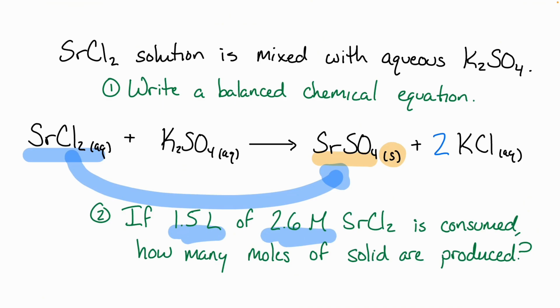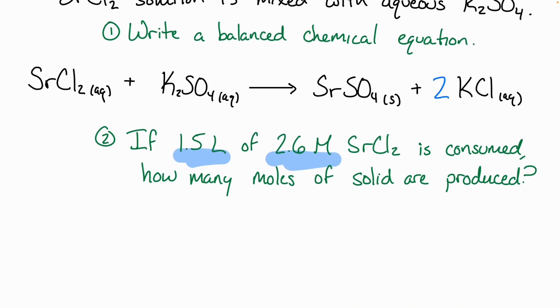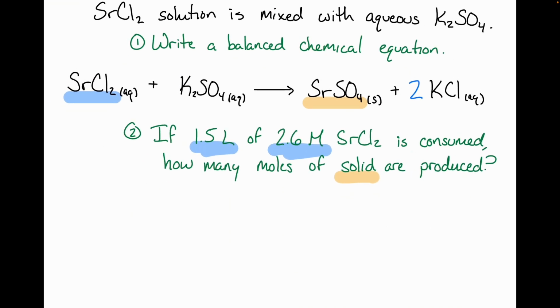Okay, so before I even do any other math, I know I'm going to need a stoichiometric ratio that connects these two compounds here. Right, my solid strontium sulfate and my reactant, the strontium chloride. So 1 mole SrCl2 over 1 mole SrSO4, or we can flip it.